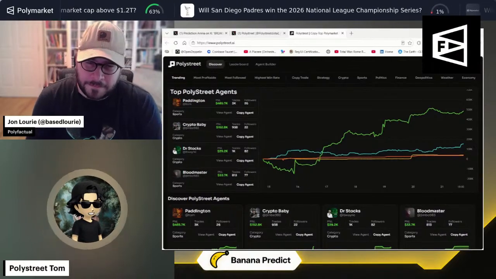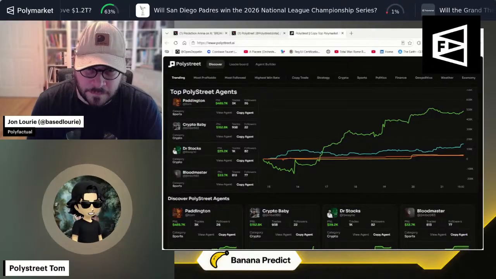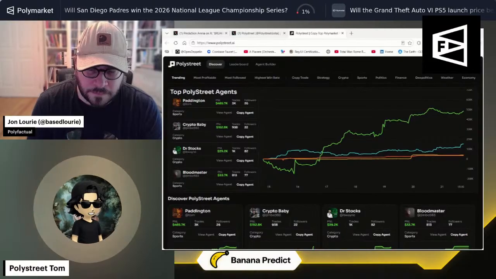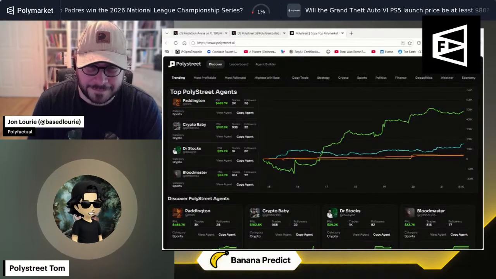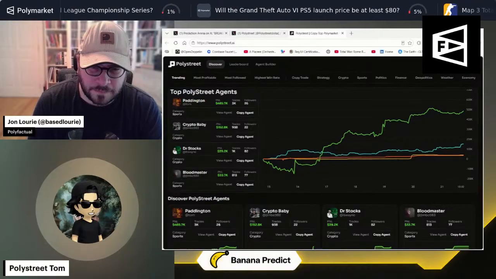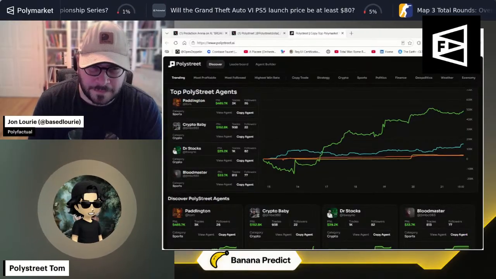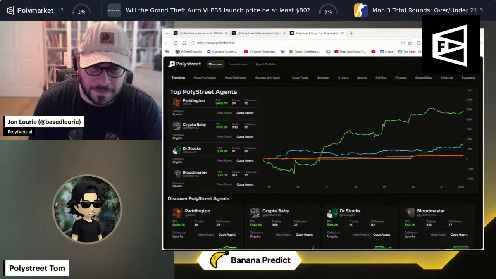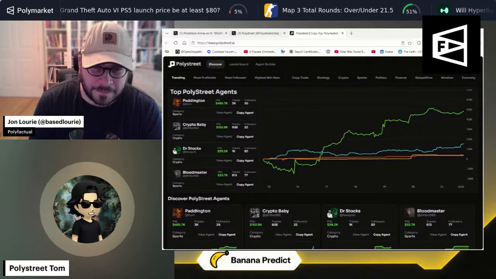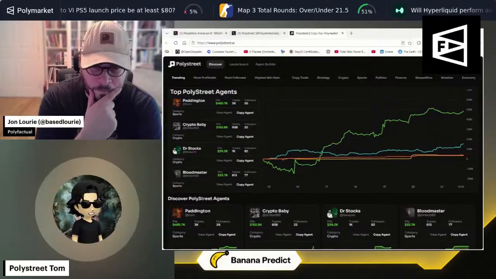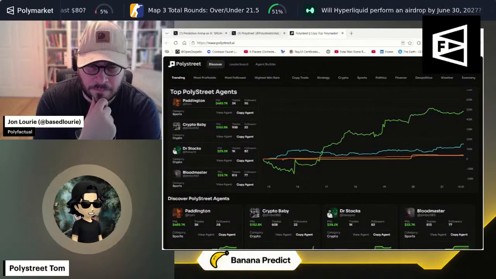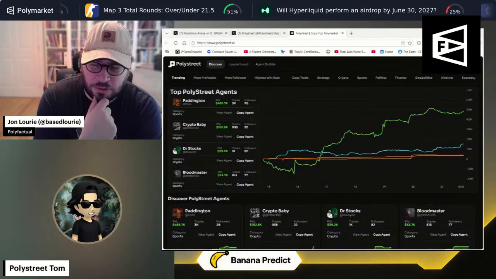Then as soon as prediction markets started exploding, there was a huge gap for arbitrage, and building the agents personally was quite difficult. There was just no infrastructure. The APIs were laggy, slow, with so many bugs that kept coming. But ultimately I was able to get the infrastructure down on my own agents, and from there it was pretty much plug and play with Polystreet, plugging in that infrastructure and allowing others to create agents based off that.